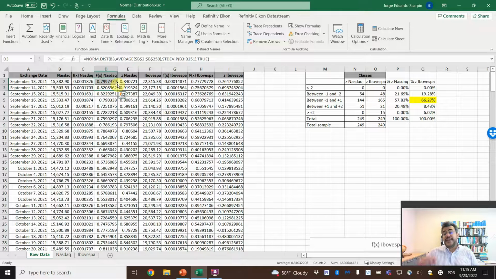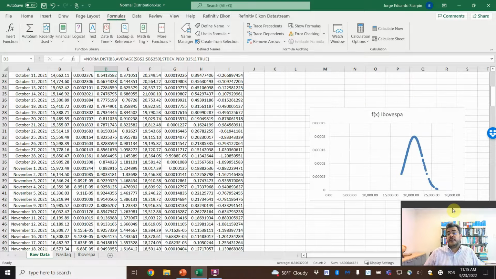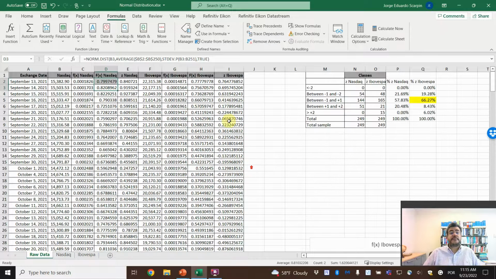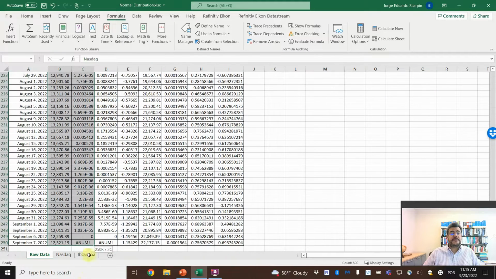Okay? And how do we do the curve? How can we do the normal curve? Just like here on Ibovespa. We select the X and the FX, or the false.